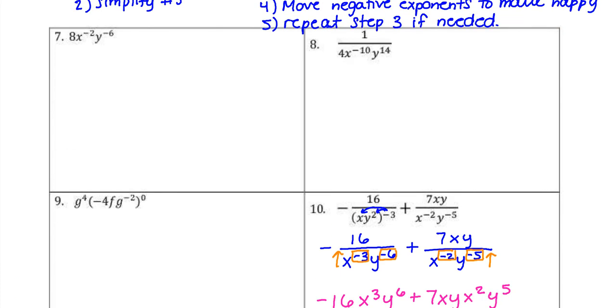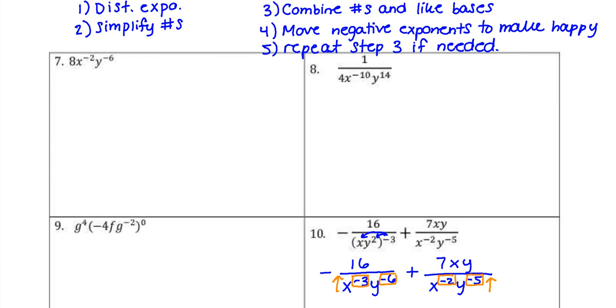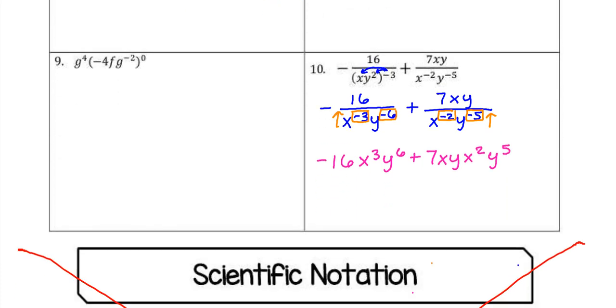And now we're on step 5, which is to repeat step 3. So we're combining our like bases. In the first part of the problem, I don't see anything I can combine, so I'm just going to rewrite it. Negative 16x cubed, y to the 6th, plus 7, I see x cubed, because we can put these x's together, and then I see y to the 6th.